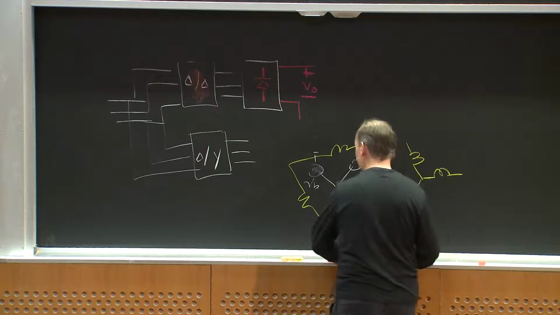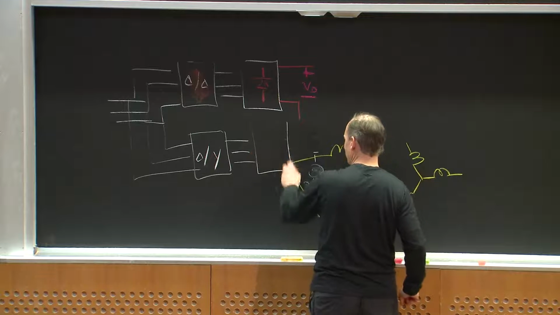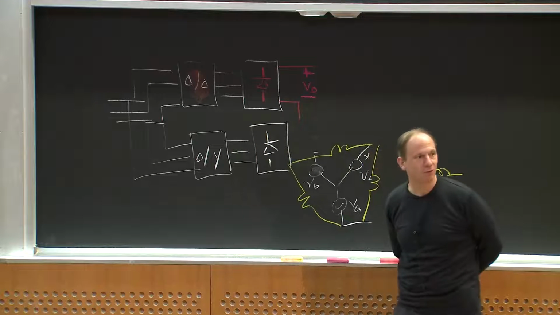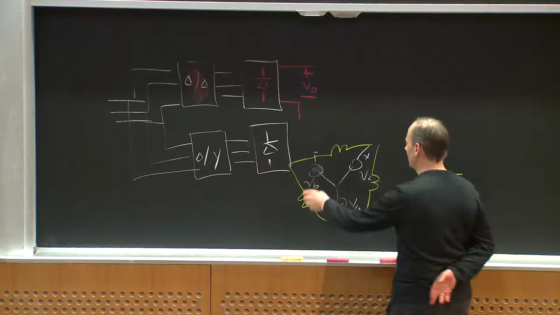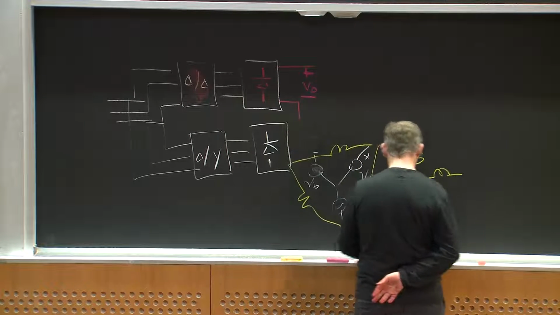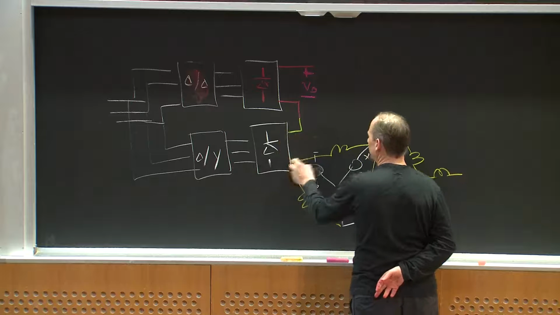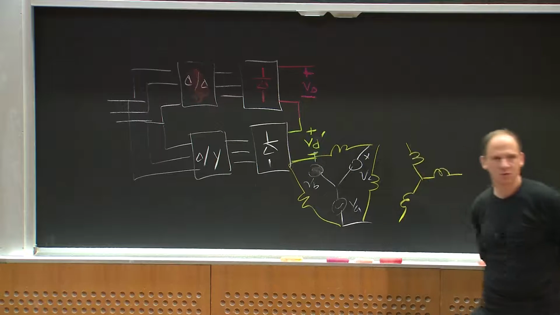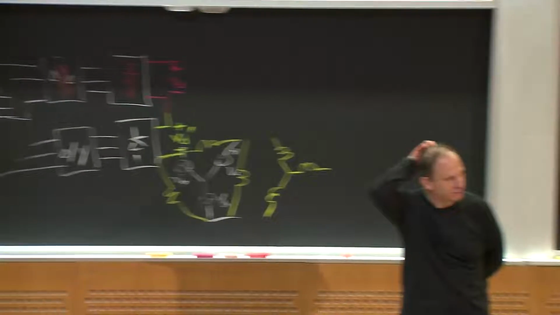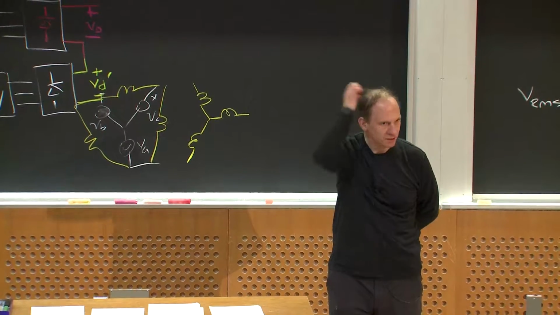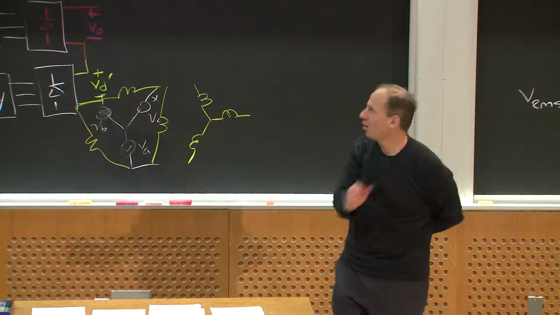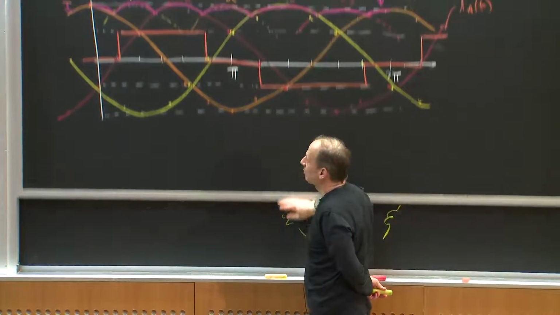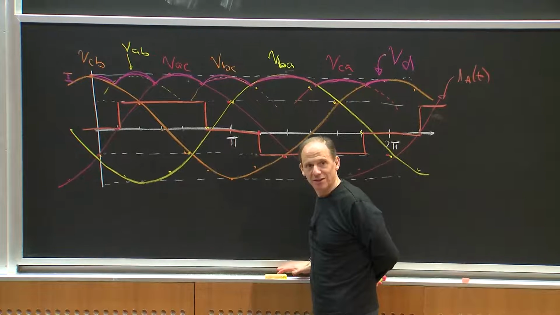And now I'll build a second rectifier. There's another 6 devices. Now I've got 12 devices, right? And I'll call this VD prime, okay? Well, if I've shifted the phase of the inputs by 30 degrees, all I'm going to do is shift the phase of the rectified output ripple by 30 degrees, right?